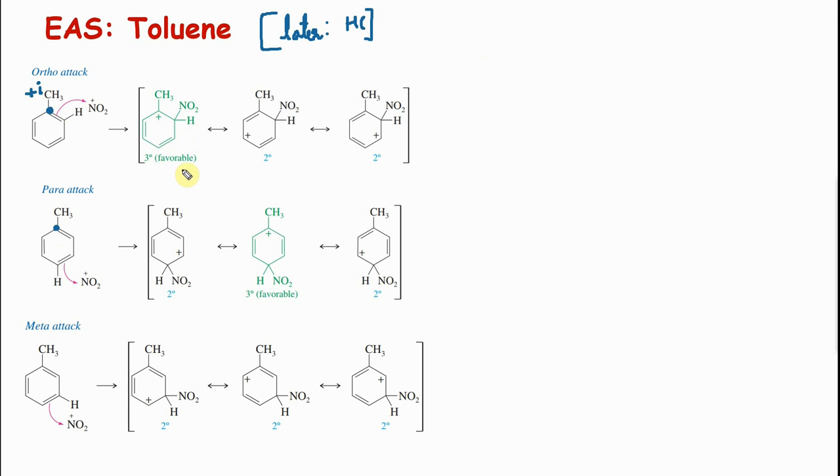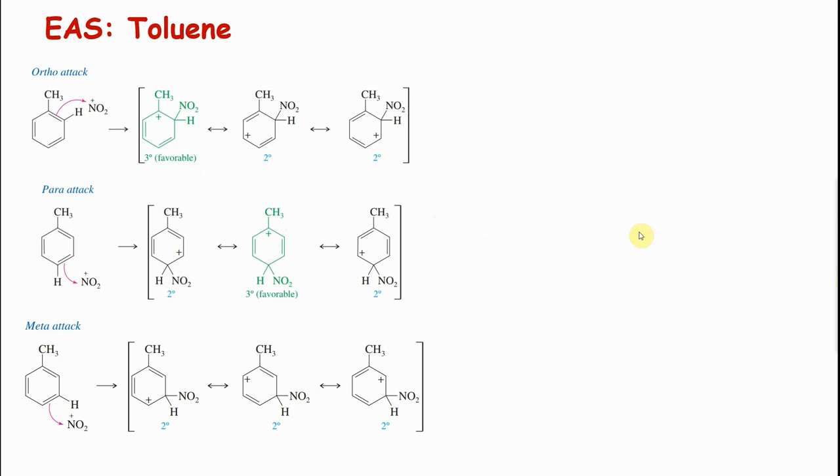And the carbocation formed here is in resonance, so it is stabilized. Since both are favorable, for toluene we get para and ortho greater than meta. Whereas at meta it is not stabilized at all.